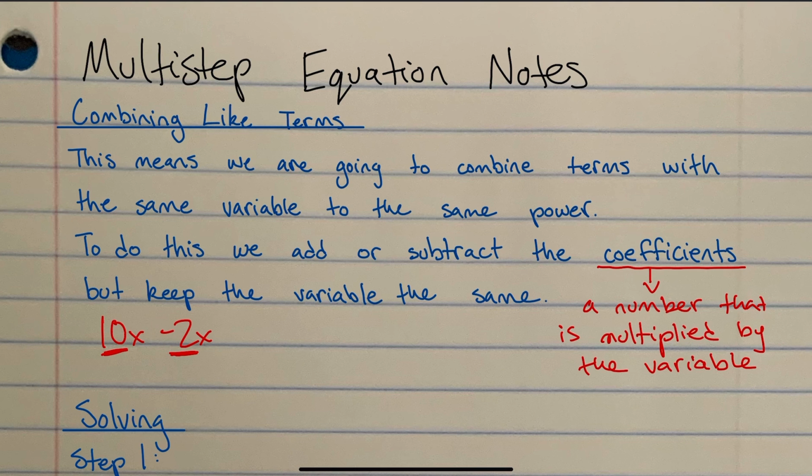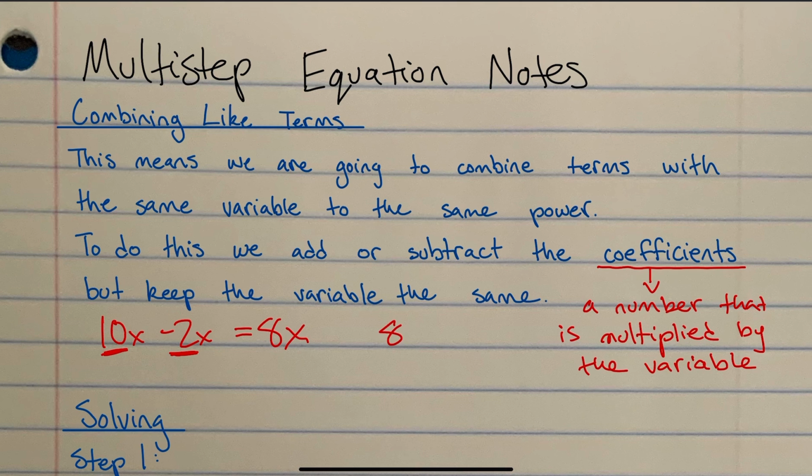So all we're going to do is say 10 minus 2. That's going to be 8. And then we keep the variable the same. So they both have x as a variable. So our 8 is going to have x as a variable. And that's it.